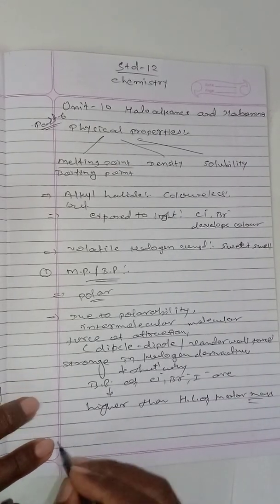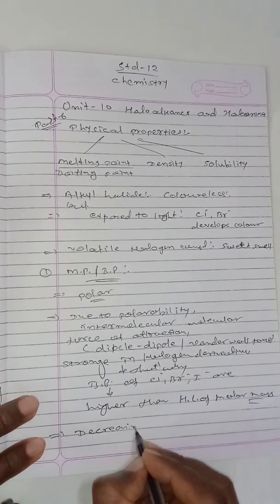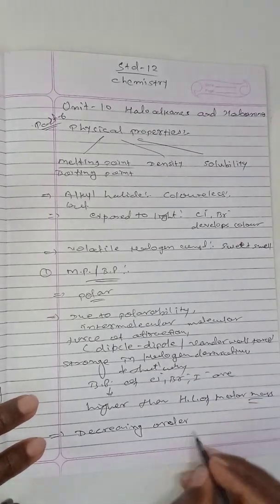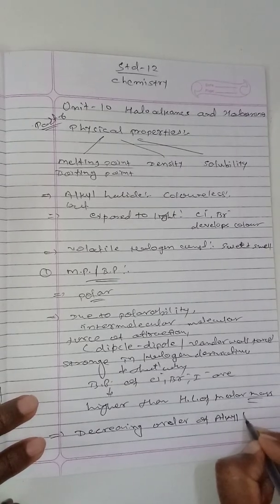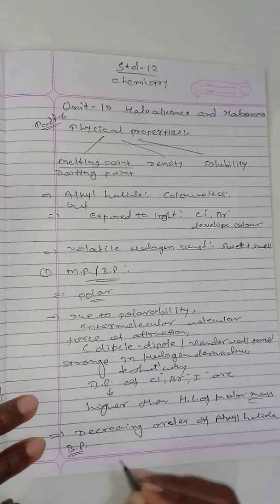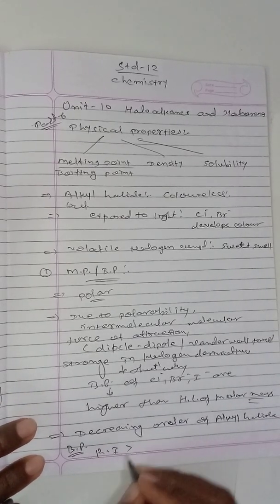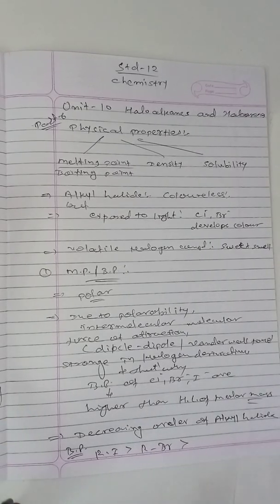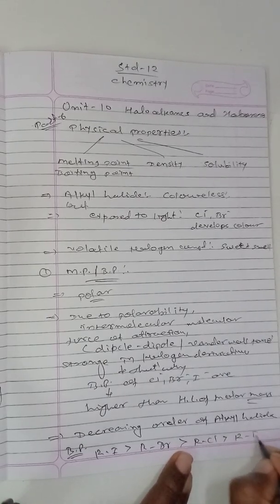Here the decreasing order of alkyl halide for boiling point: alkyl iodide is greater than alkyl bromide is greater than alkyl chloride is greater than alkyl fluoride.